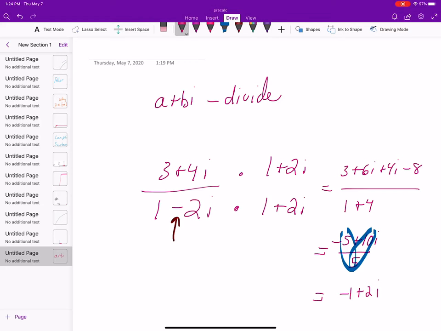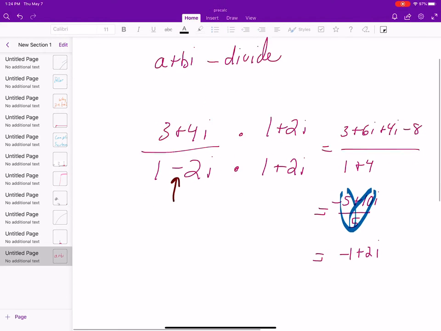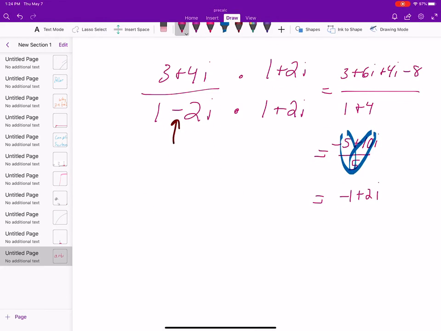So let's go ahead and convert that. Let's take 3 plus 4i and convert that into trig form.